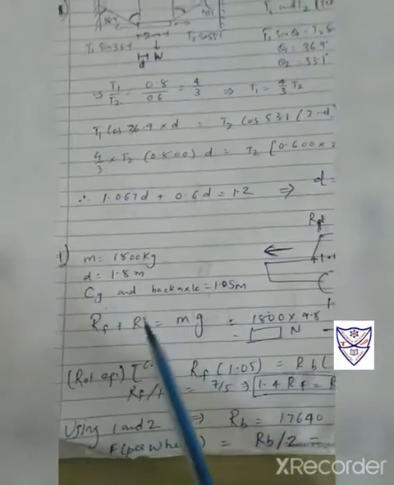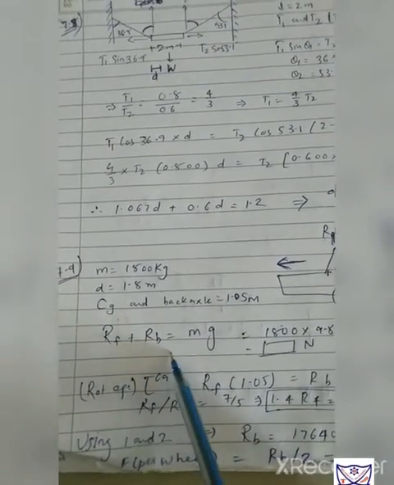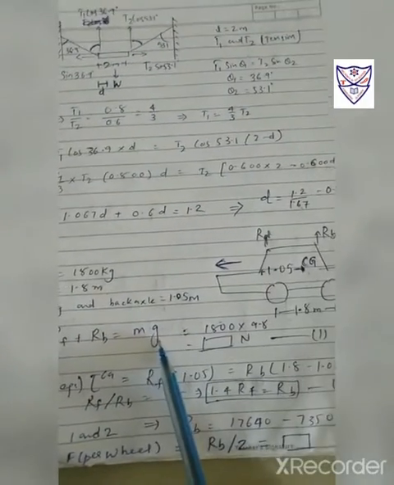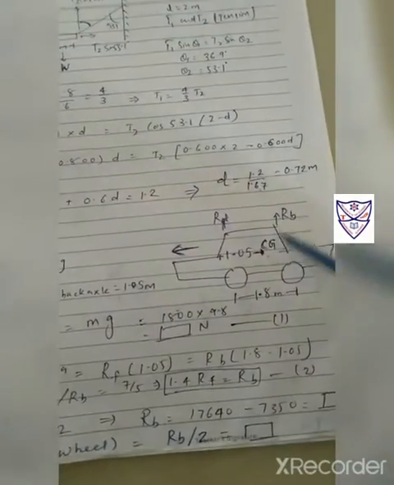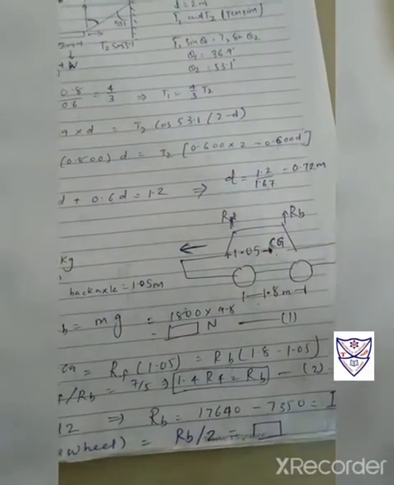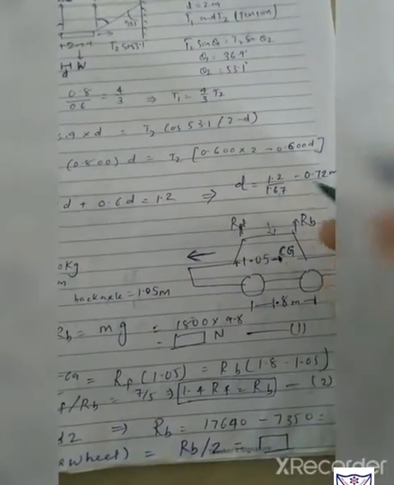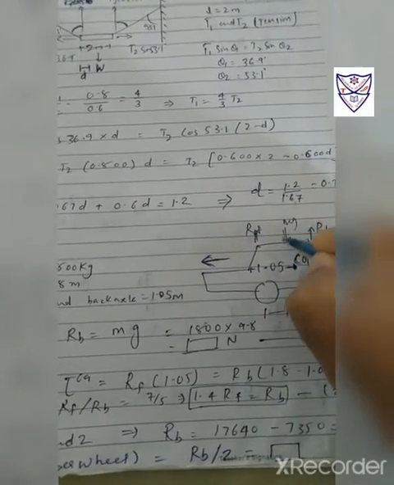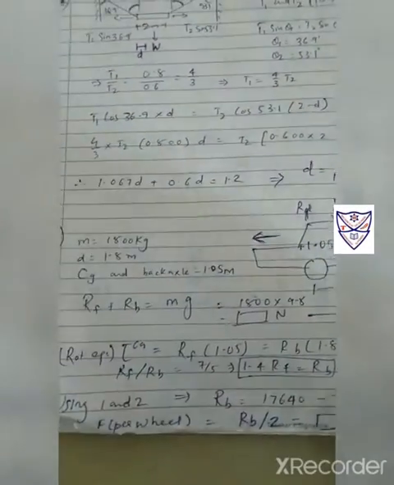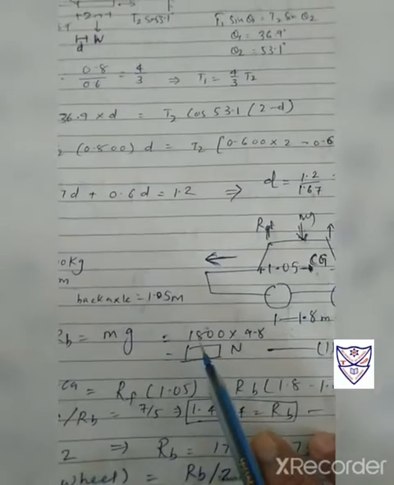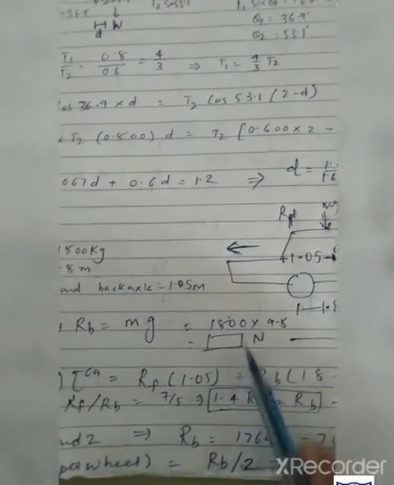Now here you know that RF plus RB will be equal to mg, that is the force pulling down. Now here you can write 1800 into 9.8, and you will get mg, that is the force.